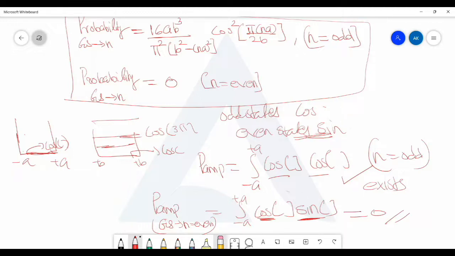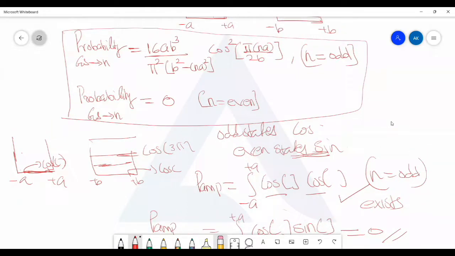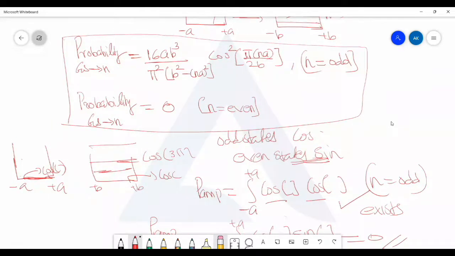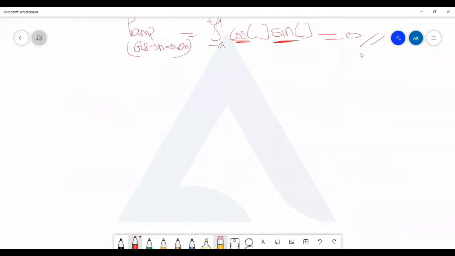Okay. So try to remember the probability equation: 16 a b cube by pi square into b square minus n a, whole square. Oh, there is a square. I missed that, I'm sorry for that. The whole square I missed. There is a square again. Cos square pi n a by 2b. Let me write it clearly.